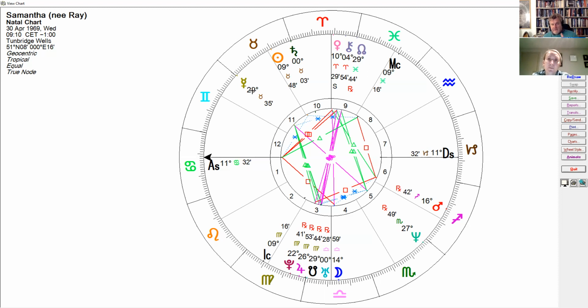And then there's all this other stuff on the other side that's right embedded down in the base of the chart there in the northern hemisphere. So it's all below the horizon, and quite introspective, finding the strength to cope with stuff that goes on in her life.